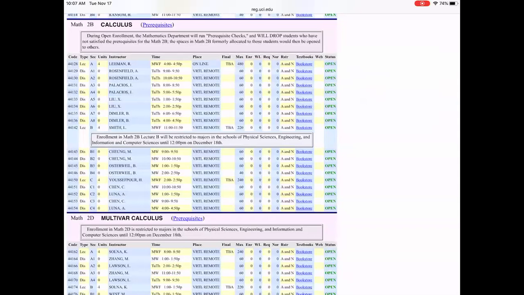If you look under the sign where it says enrollment in Math 2B, Lecture B will be restricted to majors. I'm TAing for L. Smith. If you want to avoid me or take my discussion, I'm 44143 and 44144. Okay, anyway, moving back to the material.